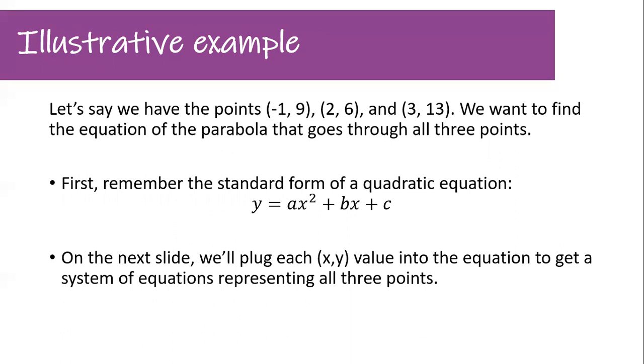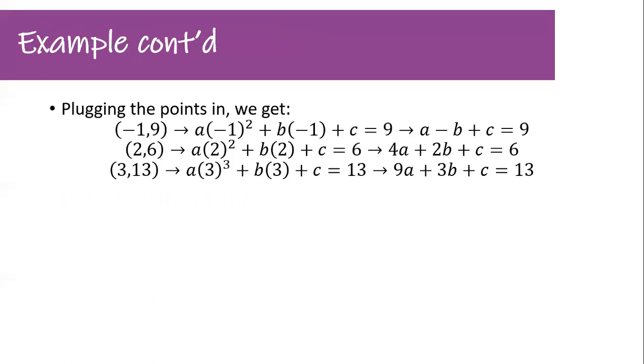So remember, everything that we learned in Chapter 2 and everything we learned with matrices in Chapter 7 can certainly help us with these solutions here. Plugging in these points, (-1, 9) is going to give us a(-1)² + b(-1) + c.